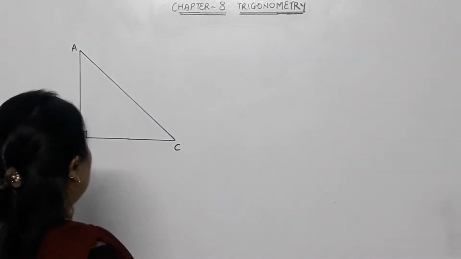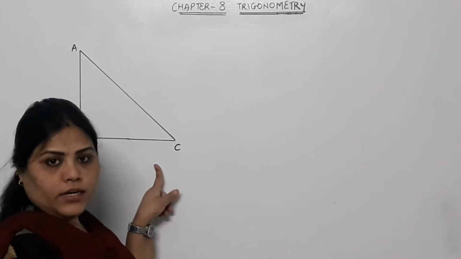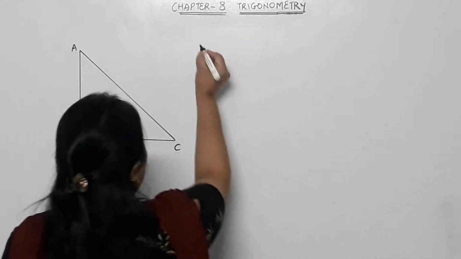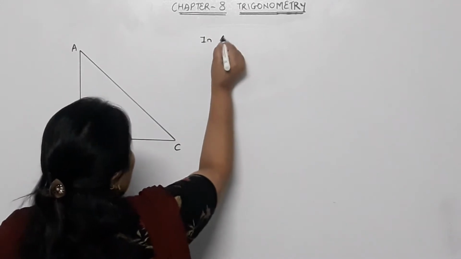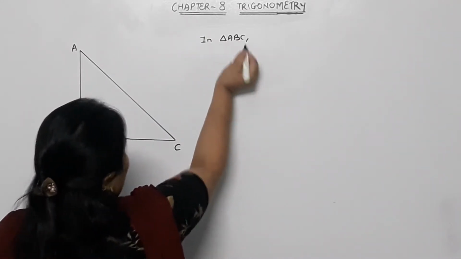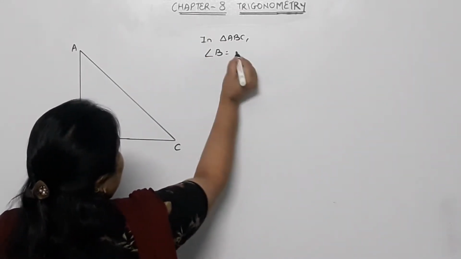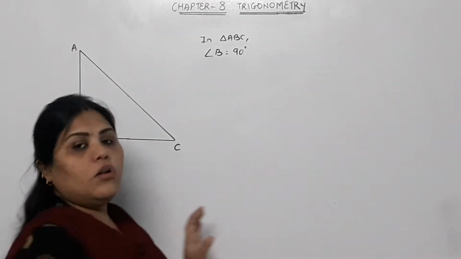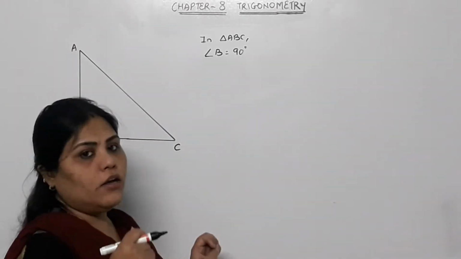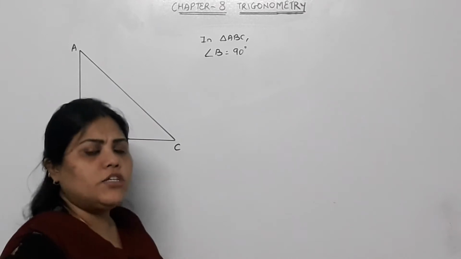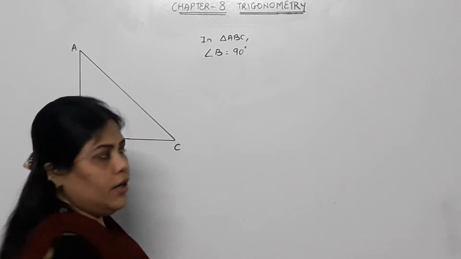Now see here, ABC is a right angle triangle in which angle B equals 90 degree. You all know that the sum of all the three angles of a right angle triangle or any triangle equals 180 degree.